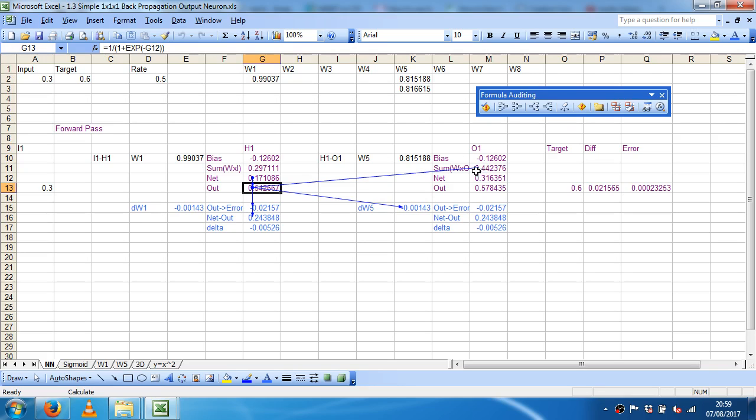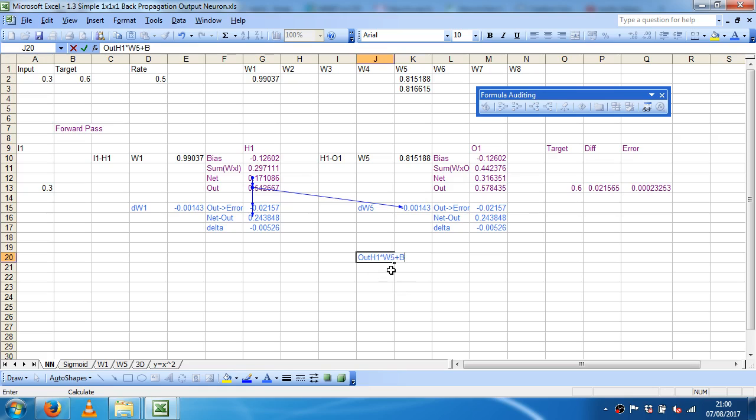We'd already got as far as there with the delta. So now we need this line here. This line is G13 times K10, which is the output times weight 5. So we need to differentiate that with respect to the output. So that's the output times weight 5 plus the bias. We differentiate all that, the output of hidden 1 times weight 5 plus the bias.